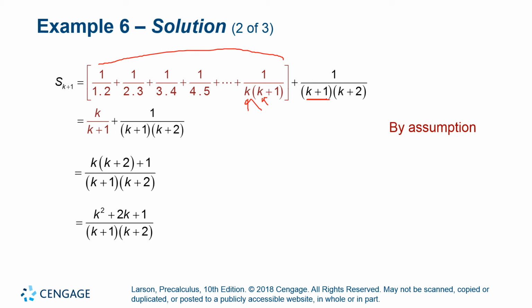And then if I put k plus 1 instead of k over here, we have k plus 1 plus 1, and that's going to give me the k plus 2 over here. But we already know that all of this together, based on the formula on top, is equal to k over k plus 1 plus the next term that we have over here.